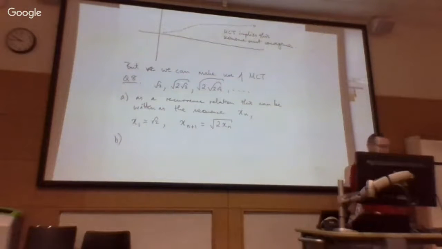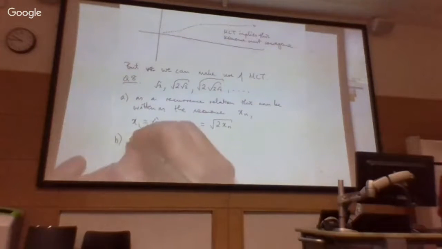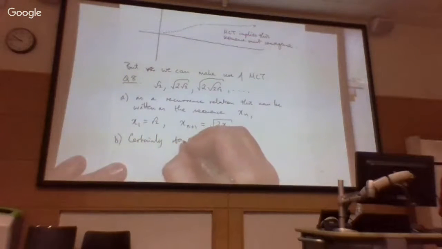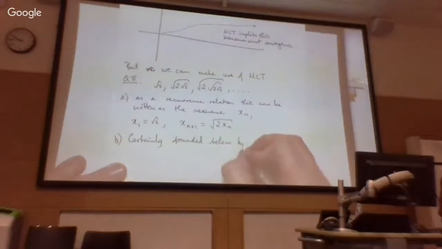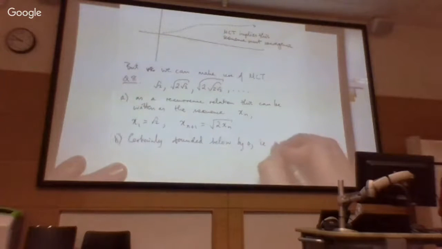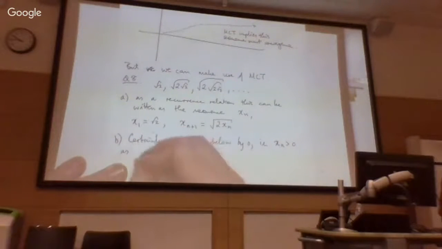But it's a different matter to prove that. Okay? So certainly we can say it's bounded below by 0, i.e. xn is always bigger than 0, as we only see positive quantities involved.